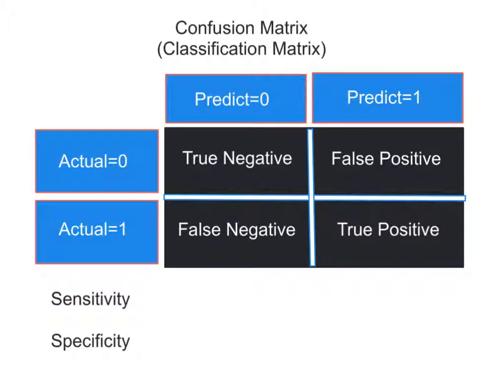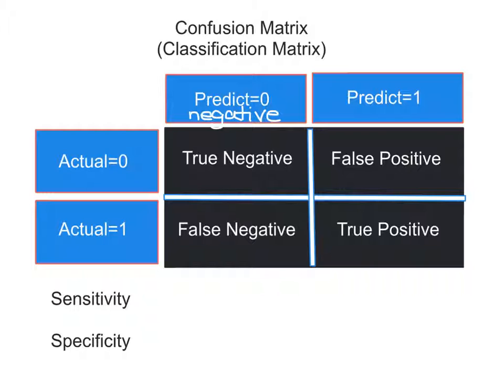Let's consider our confusion matrix, otherwise known as a classification matrix. There are 4 possibilities that can occur based on our prediction and our actual values. If we predict a 0, then we are predicting a negative outcome.